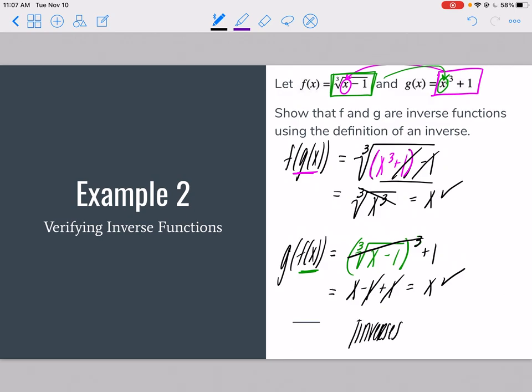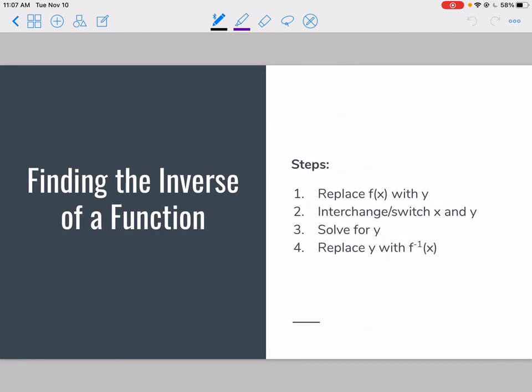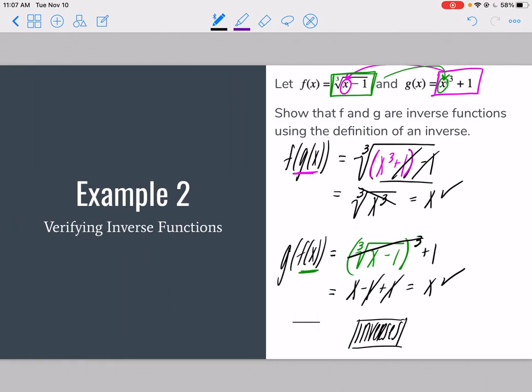I will tell you, if they're inverses, it's usually going to work out pretty quickly and pretty easily. So you're not going to end up with something real messy. If it's not simplifying easily, they're probably not going to be inverses, but you do have to simplify as completely as possible to determine that, okay? If you get, let's say, a 2x here instead of just an x, then this automatically eliminates this from being inverses.